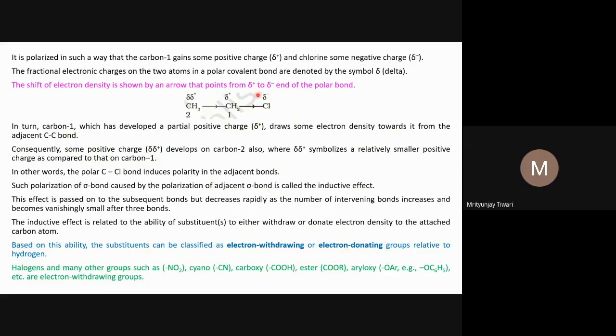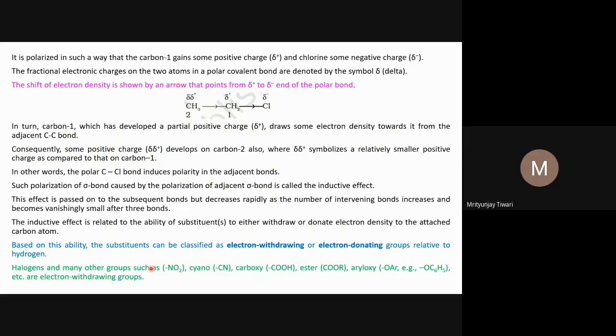If the substituent pulls electron density, it is called an electron withdrawing substituent or group. And if the group attached to a carbon atom donates electron density to the carbon atom, it is called an electron donating group or substituent.